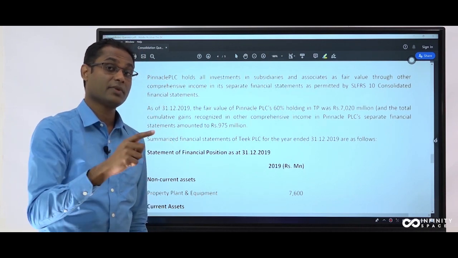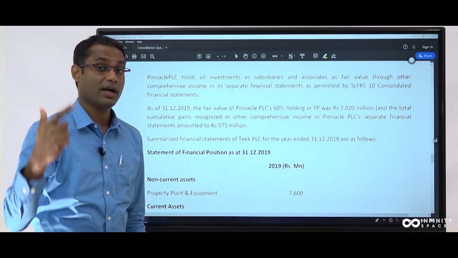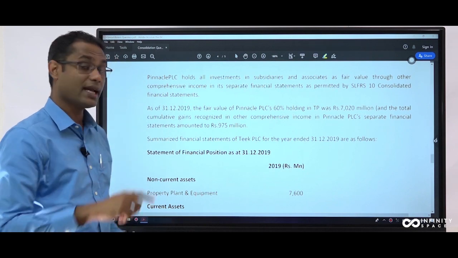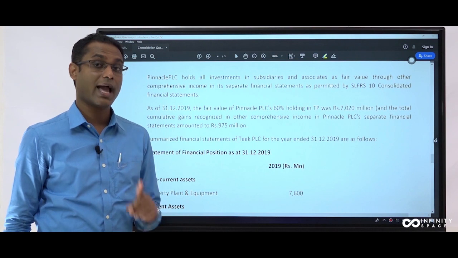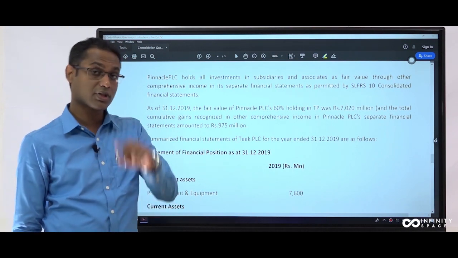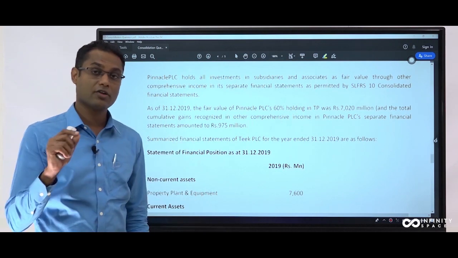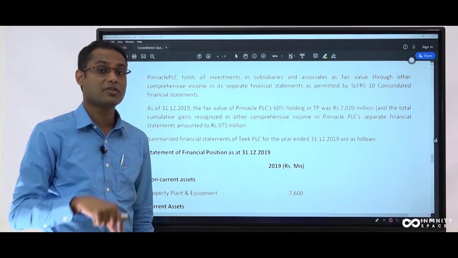Initially Pinnacle acquired 25%, and thereafter on 30th September 2019 it acquired another 35%. So since the date of initial acquisition of the 25% holding, that is 31st December 2017, from that date onwards to the reporting date, a cumulative gain of 975 was recognized in Pinnacle's individual financial statements.